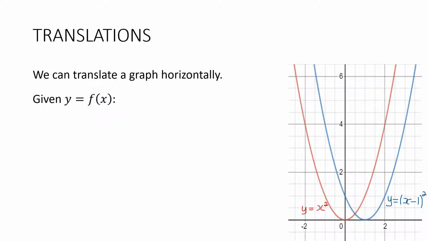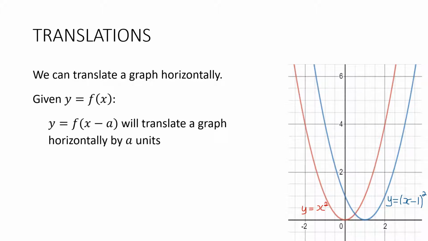We can also translate a graph horizontally. So given y equals f of x, then y equals f of x minus a will translate a graph horizontally by a units. Now this one can be a little bit confusing. They've done it this way so that if a is positive, it's going to move into the positive quadrant or the positive axis. So you can see these are positive numbers here. And that was exactly the same as the one we did previously.